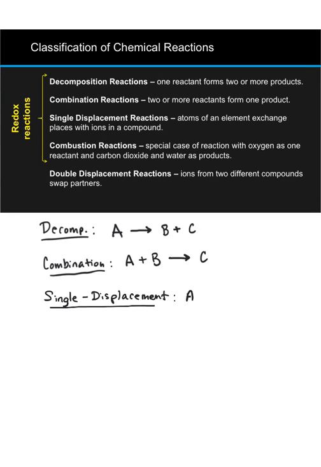Perhaps standalone substance, any old atom, A, reacts with a compound formed from 2 or more elements chemically bonded together to take the place of one of the components of that compound. Perhaps A takes B's place in the compound and displaces element B so that it is all by itself as a product.